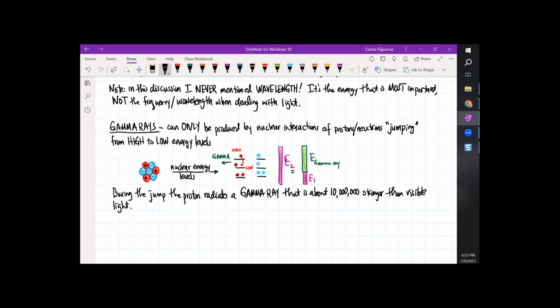So it's a big deal. There are lots of ways to produce other types of rays, but when we talk about gamma rays, we only care about nuclear interactions.